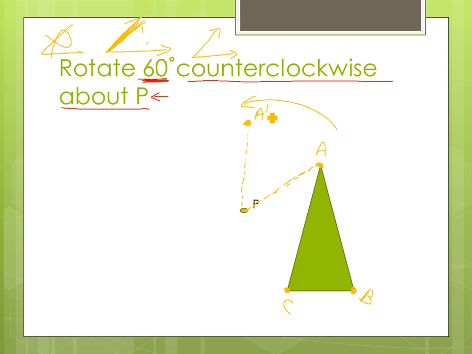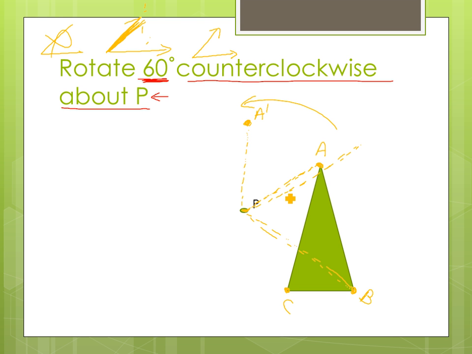Do the same thing with B. We're tethering it to point P right there. We wanna go up 60 degrees, which is gonna fall somewhere about in here.